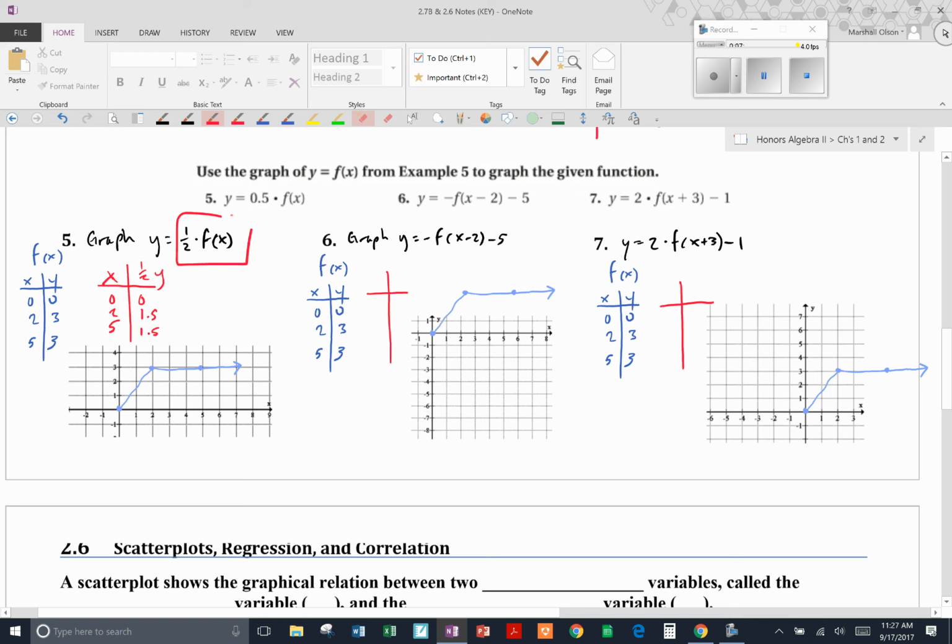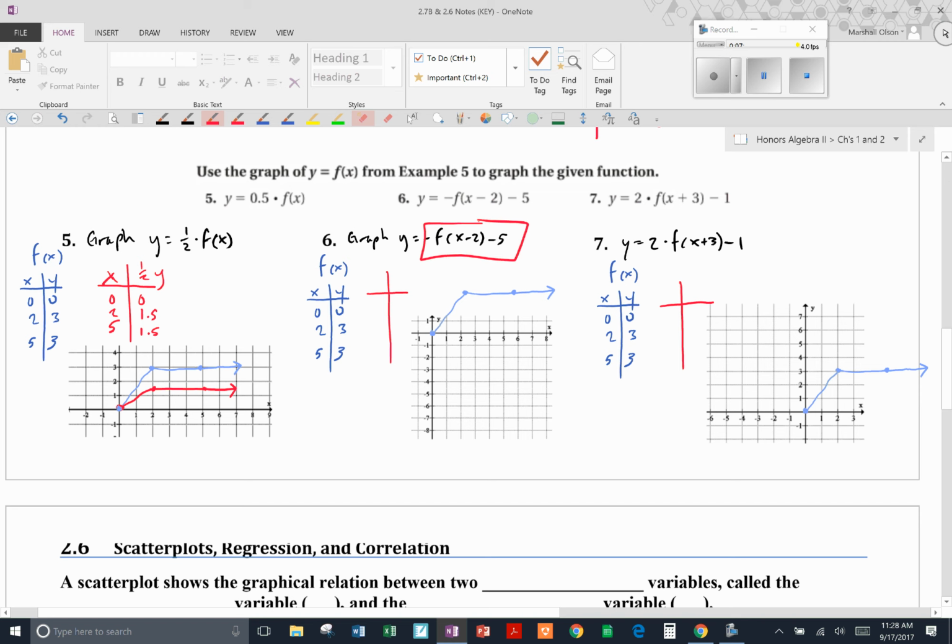Because f of x means y, that's literally what the function says, 1/2 times the y values. So we've got 0, 0, 2, 1.5, and 5, 1.5. And again, this is why we put that original graph on there lightly, because you can see that it actually looks like it was shrunk by 1/2, which it was supposed to be.